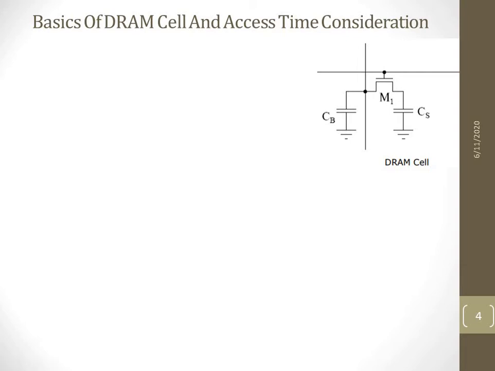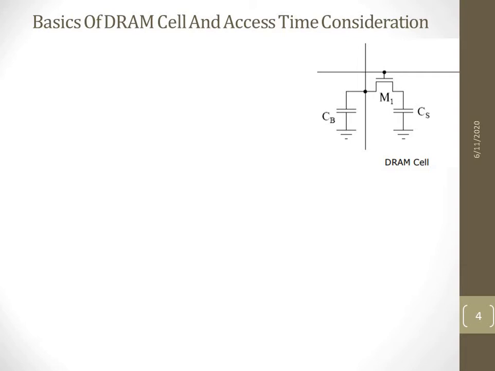As you all know, DRAM is the dynamic random access memory. It is always associated with a MOSFET, that is the transistor, and a tiny capacitor, which we have seen in the first lecture. These capacitors store the voltage in the form of charge.